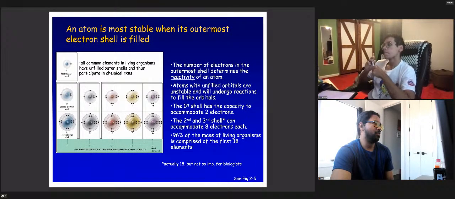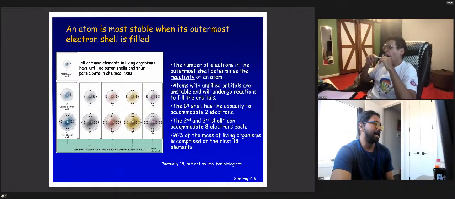Yep, most stable when its outermost electron shell is filled. If it's unfilled, it's going to be reactive. Okay.